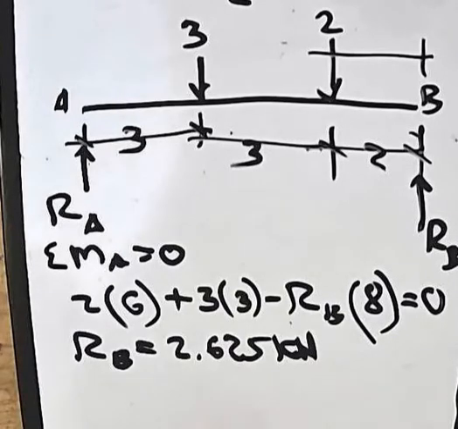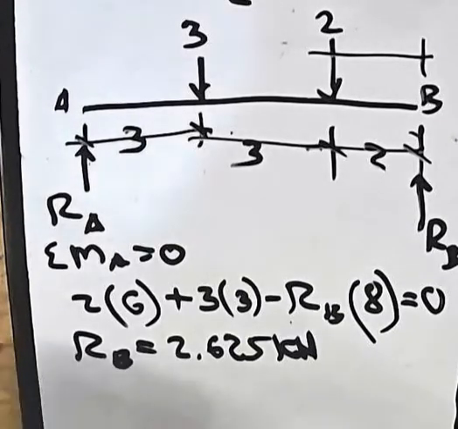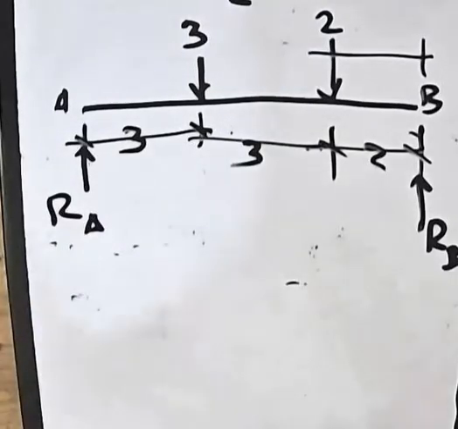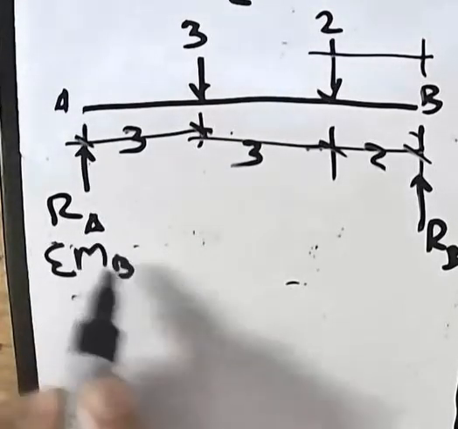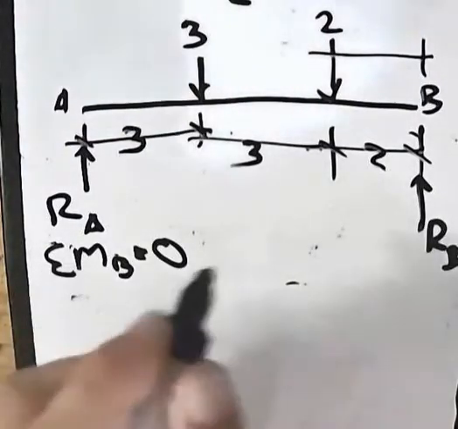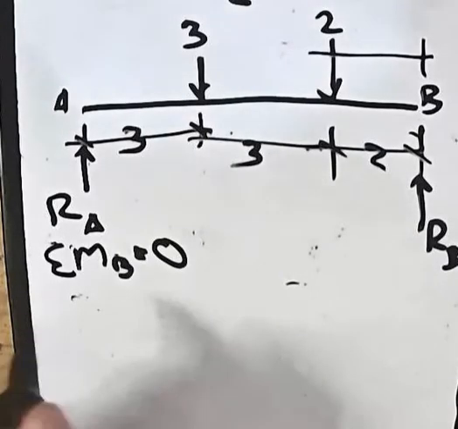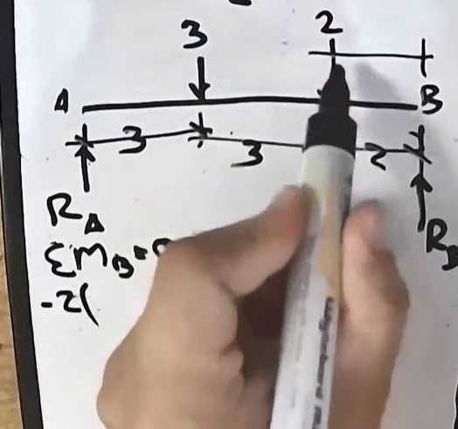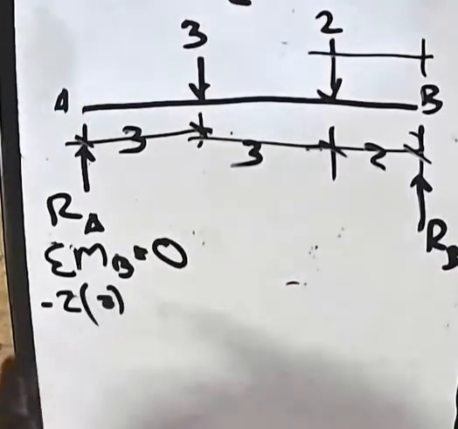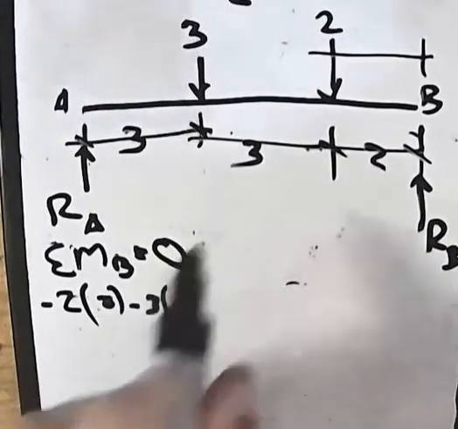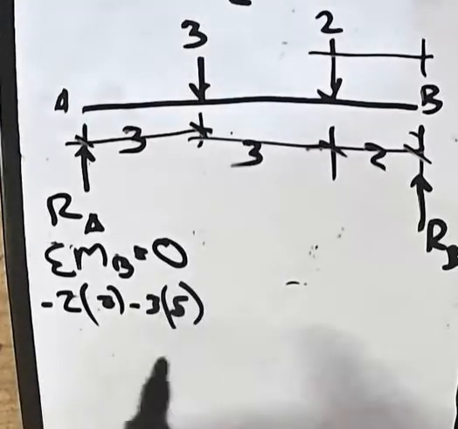Next, let's take moments at B. Summation of moment at B equal to 0. Counterclockwise is this 2, so negative 2 times the lever arm of 2. We're taking moments at point B. Minus 3 times the lever arm of 5.